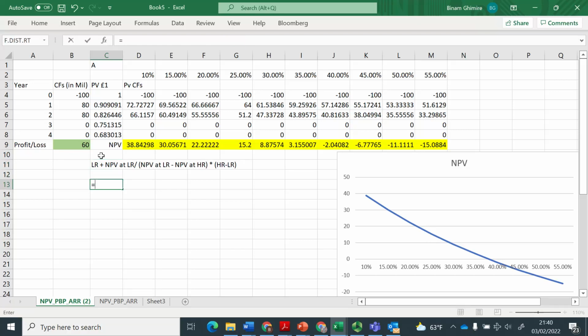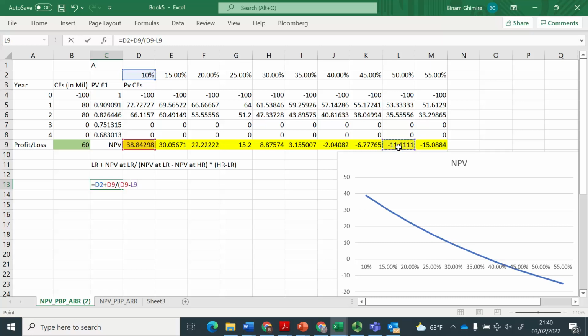This is what we need to do: equal lower rate. When it says lower rate, you can take something like 10%, plus, when it says higher rate, you need to take one for which the NPV is negative. So let's take 50%, which is here, and the NPV at lower first. So that's NPV at lower divided by NPV at lower again, minus NPV at higher, which is this minus 11.